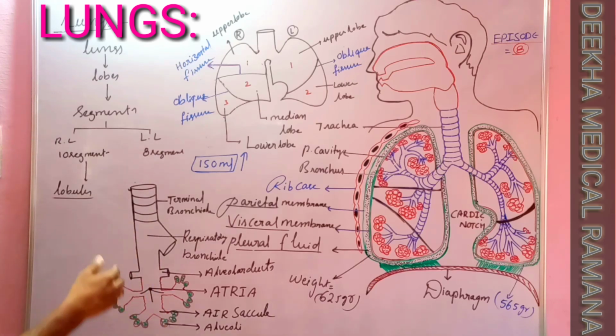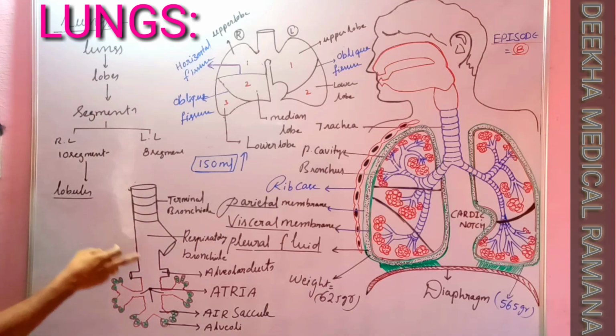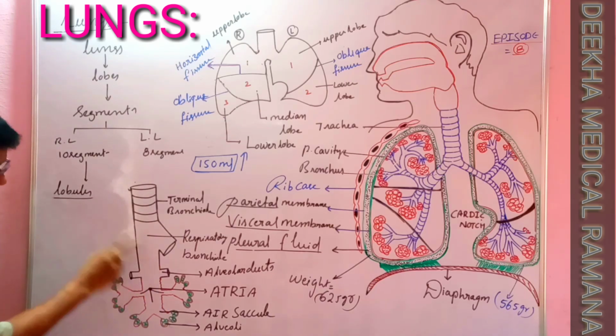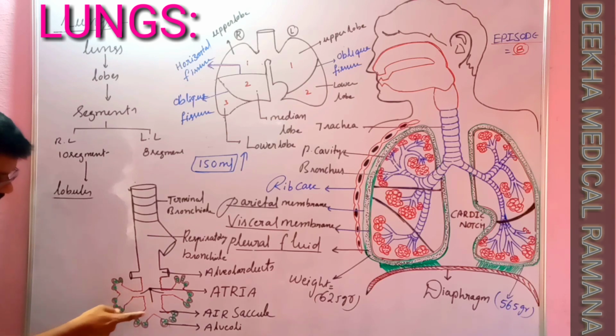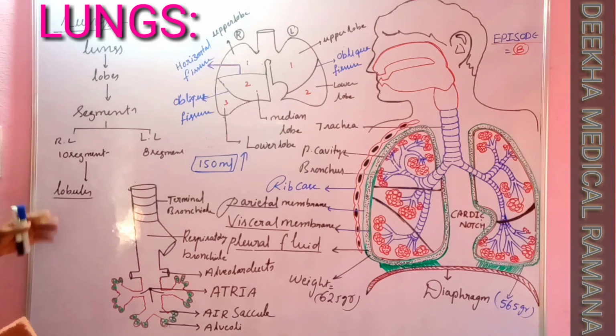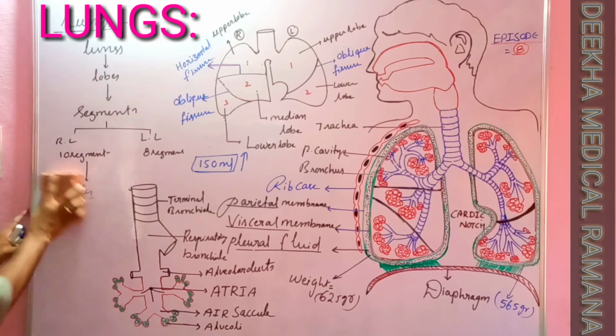The terminal bronchioles form the respiratory bronchioles, then the alveolar duct, then the atria, then the air sacs. Each air sac contains, what is that? Alveoli, right? There are 2 to 3 alveoli present. Let me explain the alveoli.